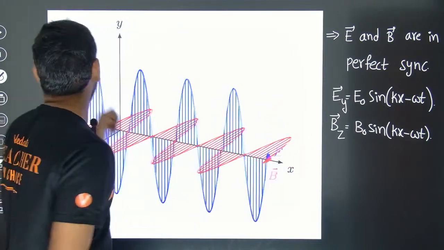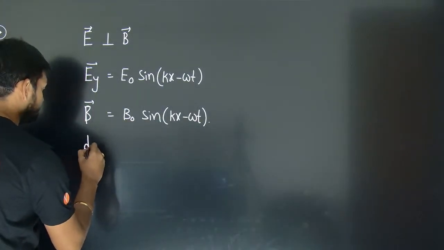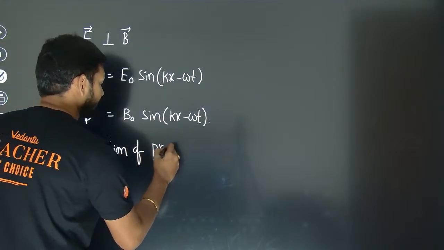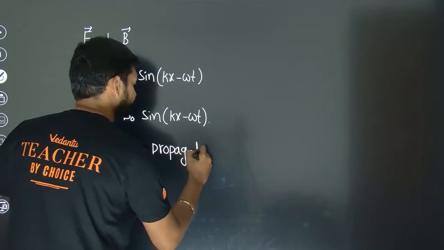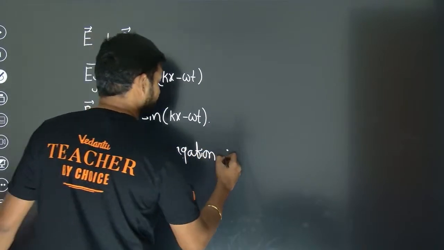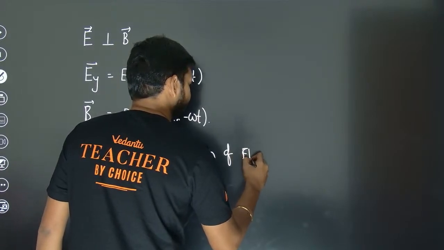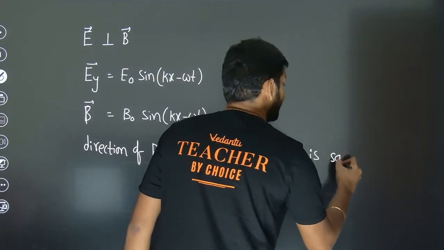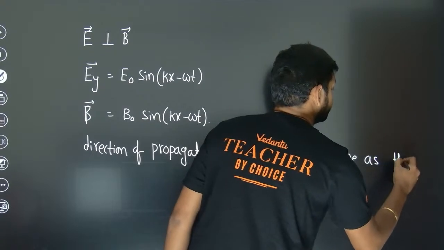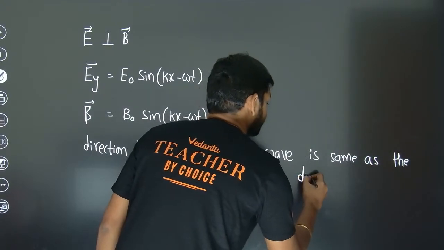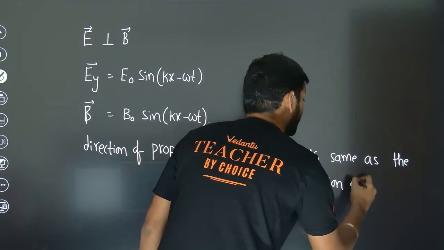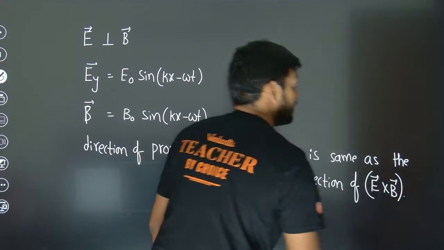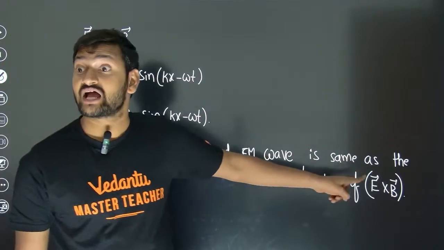So the direction of propagation of the EM wave is the same as the direction of E bar cross B bar. Keep that in mind. Many times a question has been asked on this.